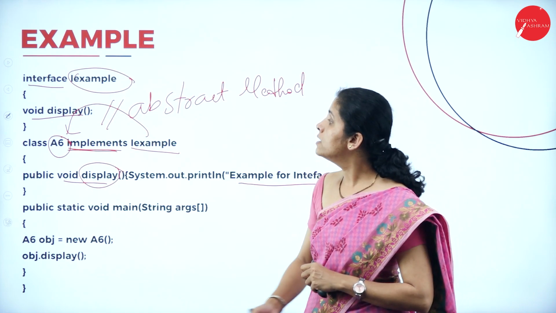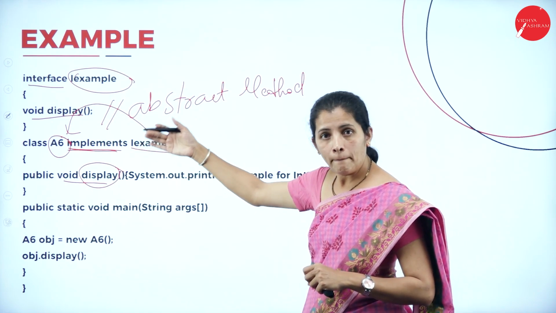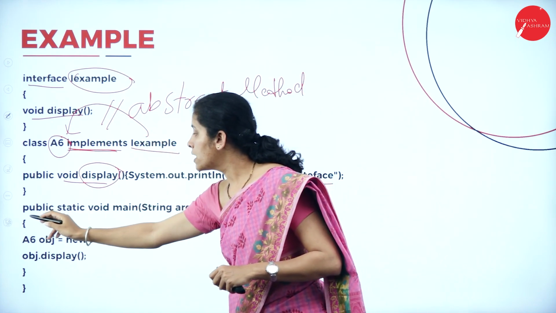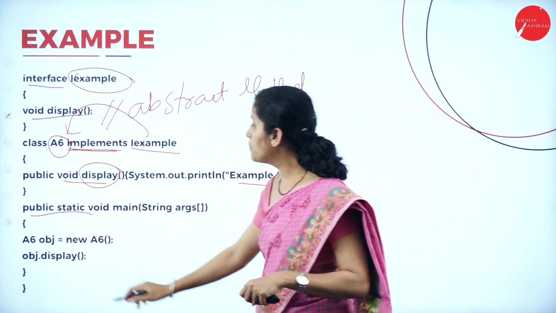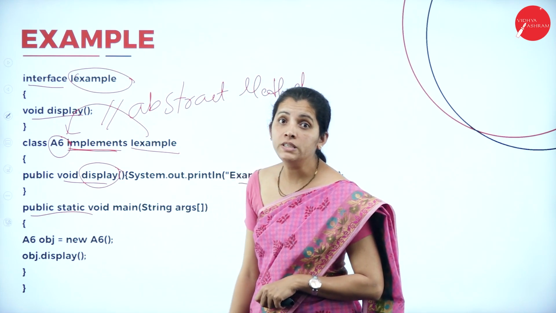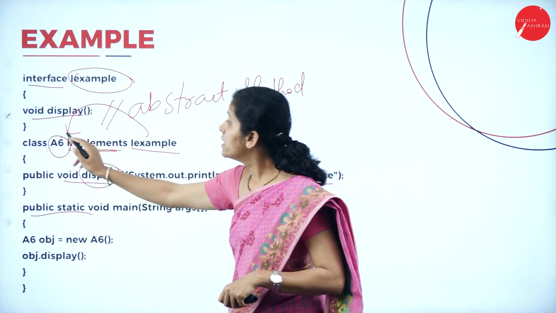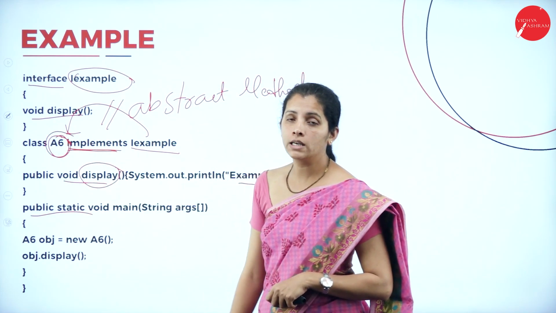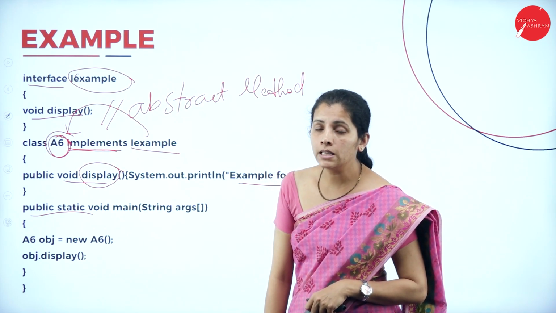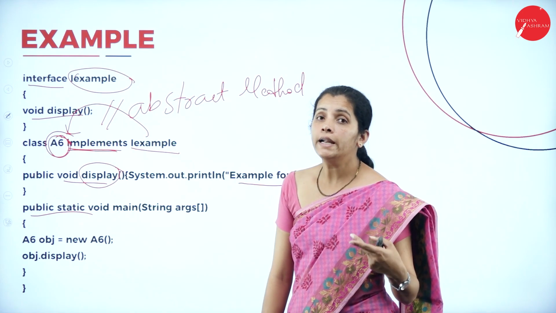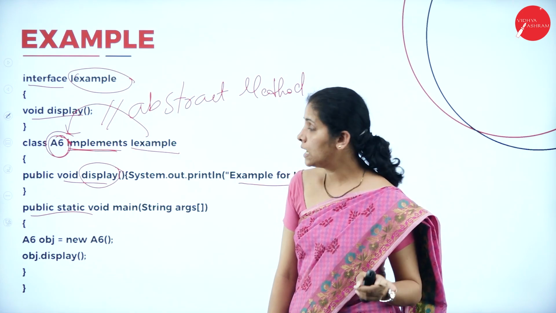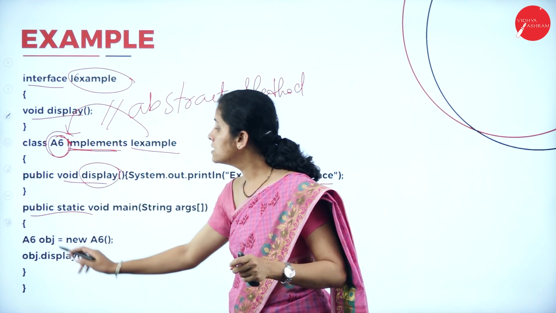and I'm going to write 'example for interface'. After writing the body of the method, I'm going to write the main program. Then see here, I'm going to create the object for A6. So what is A6? It's nothing but the class name, and I'm going to term it as the subclass.